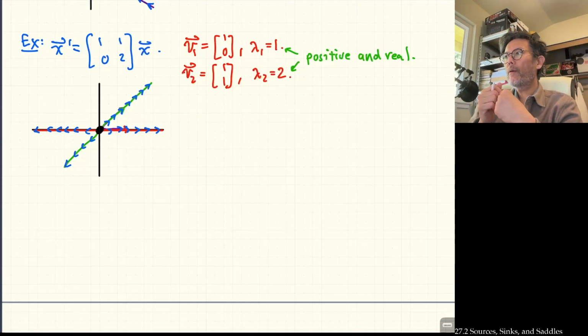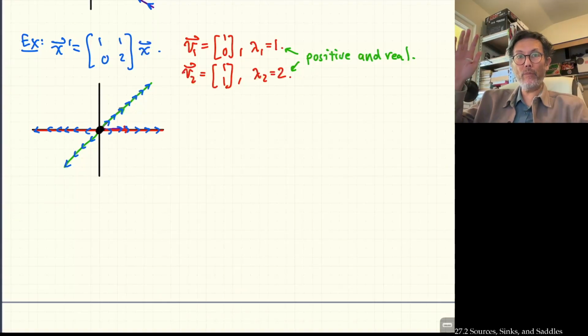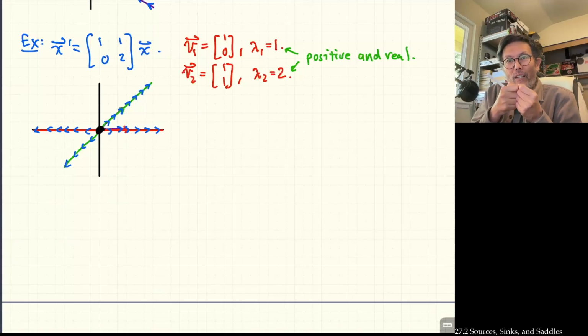In other words, it is what we call an equilibrium solution, because it never moves away from that point. It's a stationary point. If you are a particle being buffeted by the wind, and you're sitting right here and the wind is described by this vector field, you're just going to stay there. You just sit there, and you never move. All right.